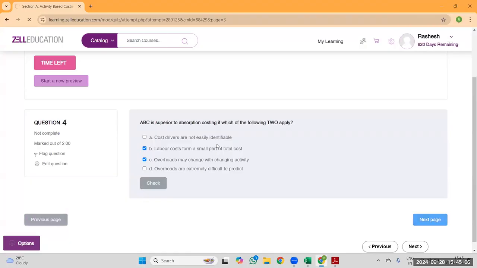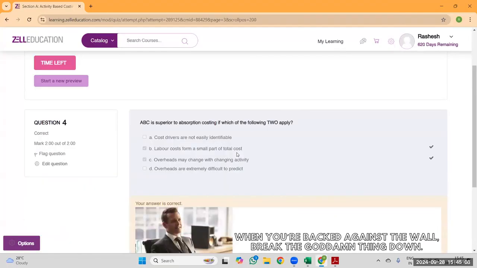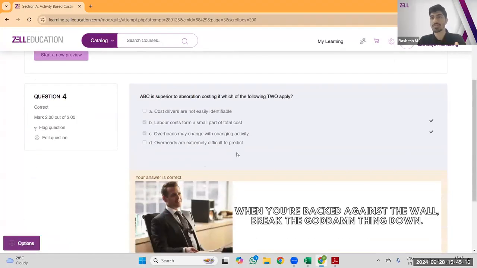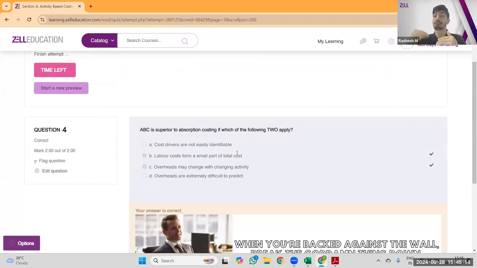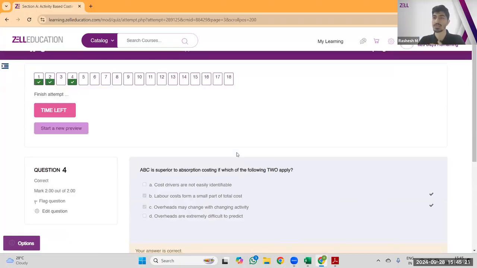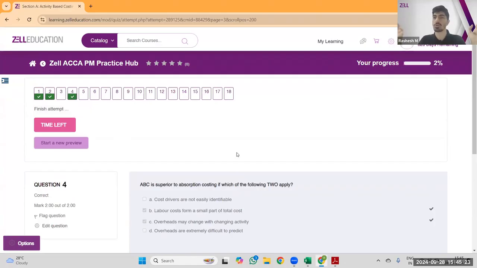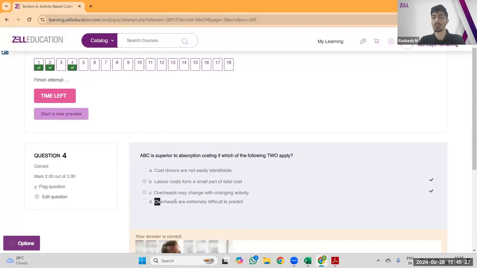I would say something like construction or interior design, where usually after the work is done, you figure out how many man hours of your employees went into it. Until then you don't know. Sometimes you start and work goes on and on, sometimes it gets done very soon. So there are industries where overheads are also difficult to predict.